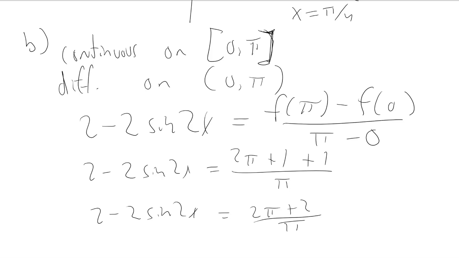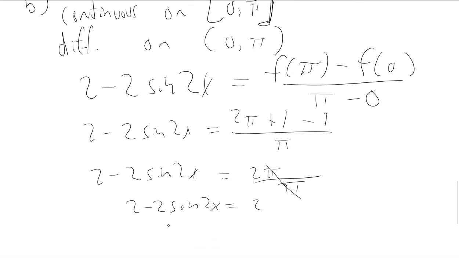If I plug in 0 to the function, that would be 0 plus 1, which is 1. Yeah, it should be minus 1. So these cancel out. Subtract 2 from both sides. Divide both sides by -2.